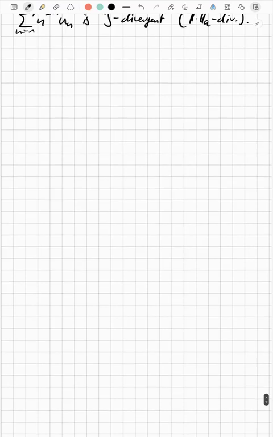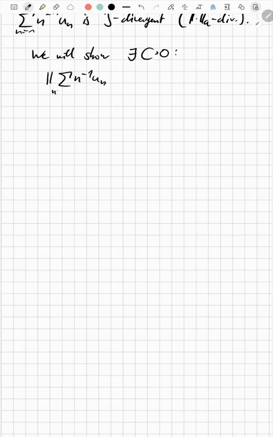To achieve this, we will show that there exists a real number C greater than 0, such that the norm of this divergent sum, when we only take the dimensions m1 to m2, and here we use the B norm, will be less than C times this term right here.